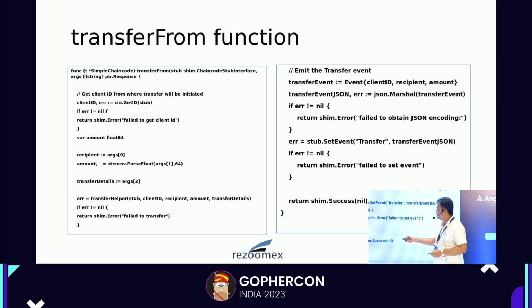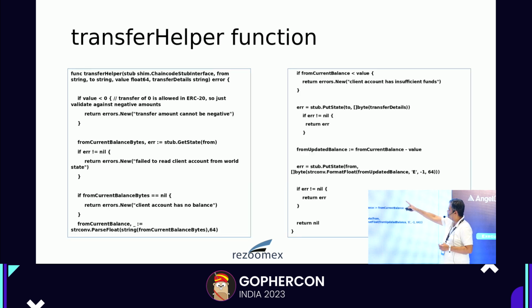Then the transfer function. Here we accept three parameters: the wallet from, the wallet to, and the number of coins you want to transfer. Here again there will be a put state. Once you have the parameters and have validated them, this function calls a helper function, and that helper function will actually do the transfer.